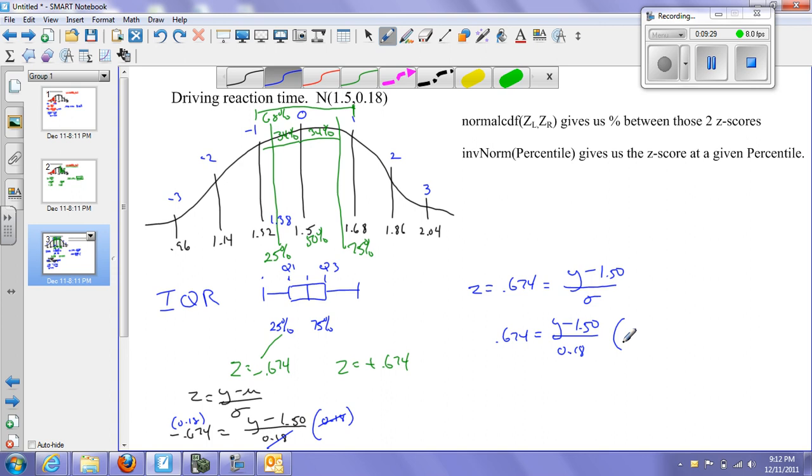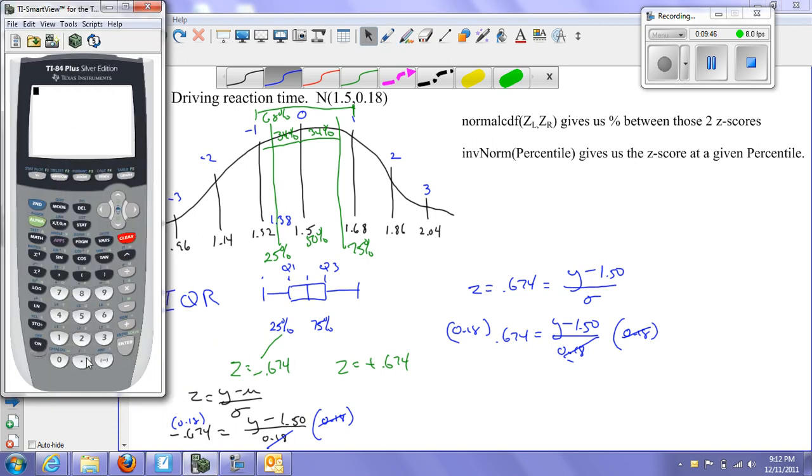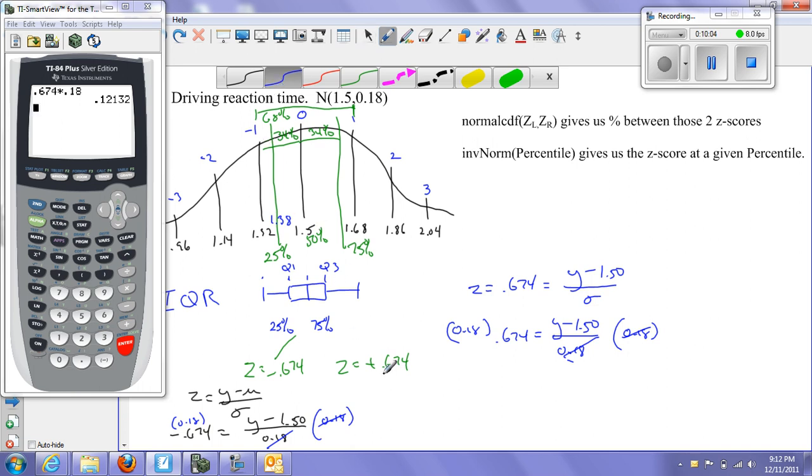We'll multiply this side by 0.18 so we can cross off our denominators, and we have to multiply the other side also by 0.18. 0.674 times 0.18, positive, what a surprise, is 0.121, equal to y minus 1.50.